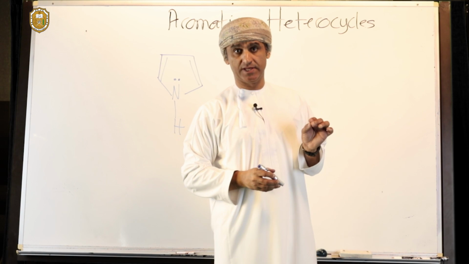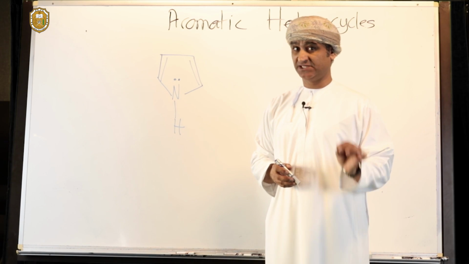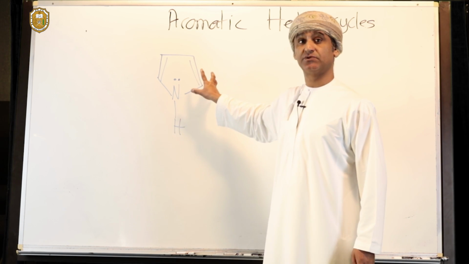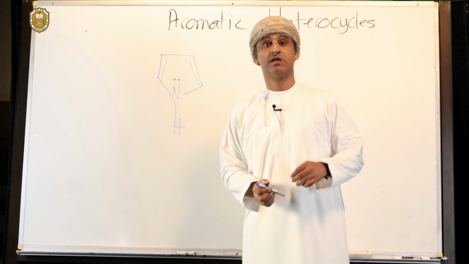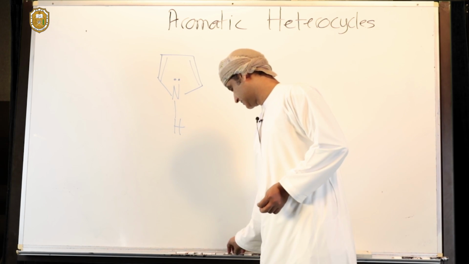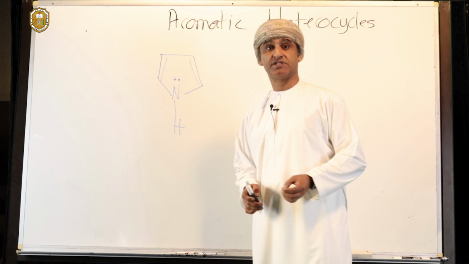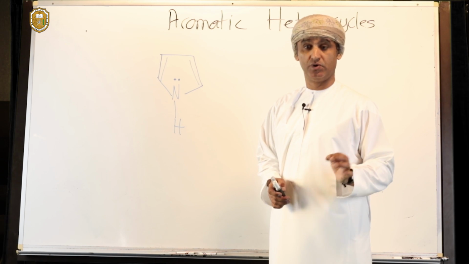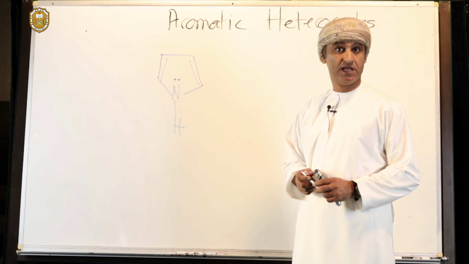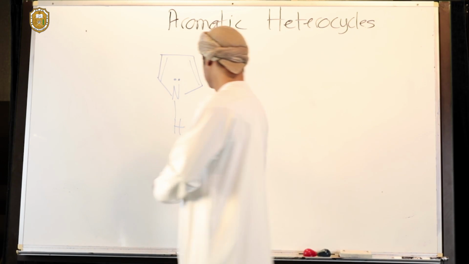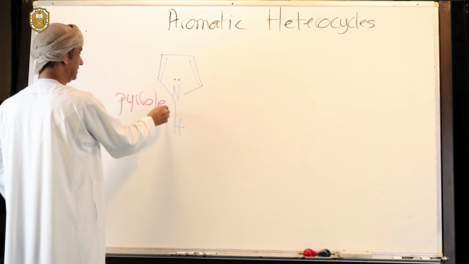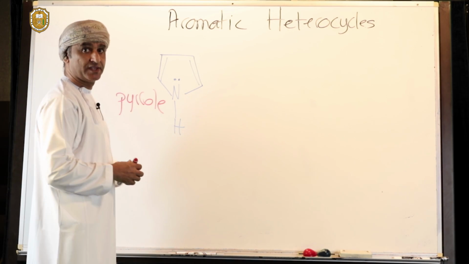Of course it is a heterocycle because it contains nitrogen, which is a heteroatom, different from carbon. Now a good question would be, is pyrrole aromatic? Pyrrole is found experimentally to be aromatic.